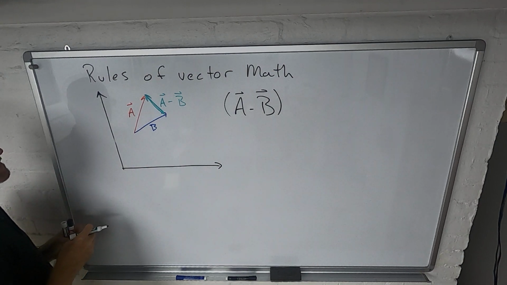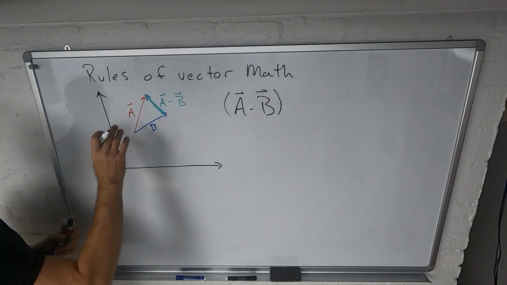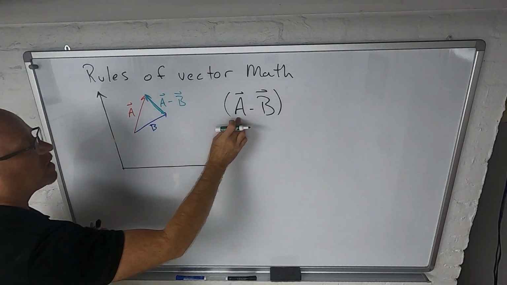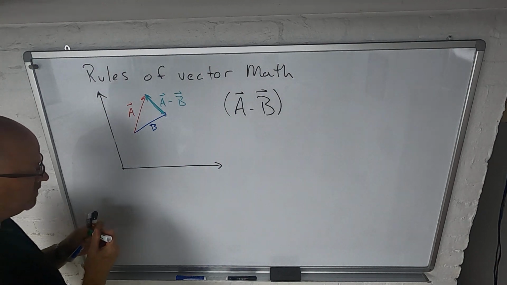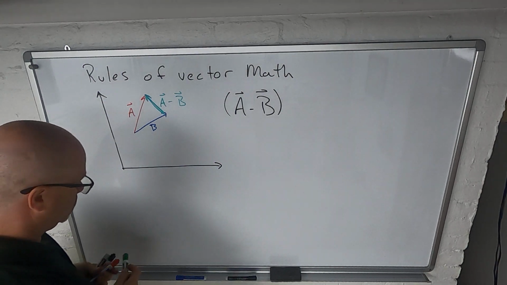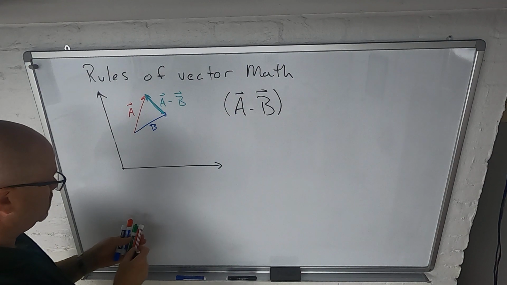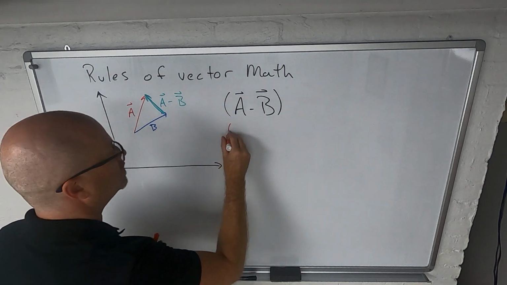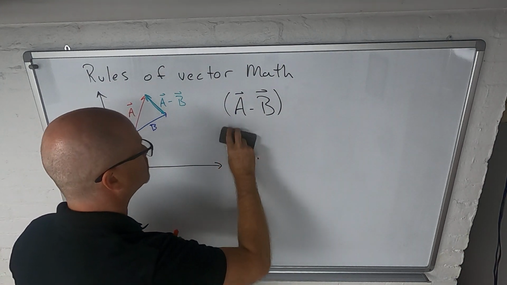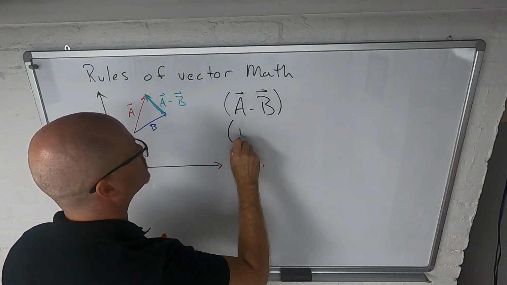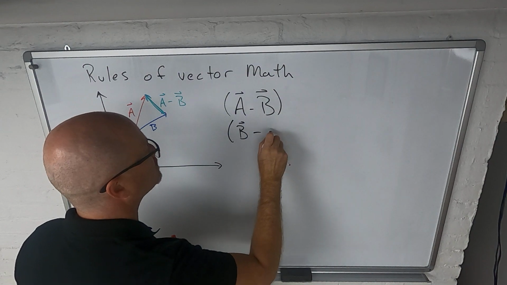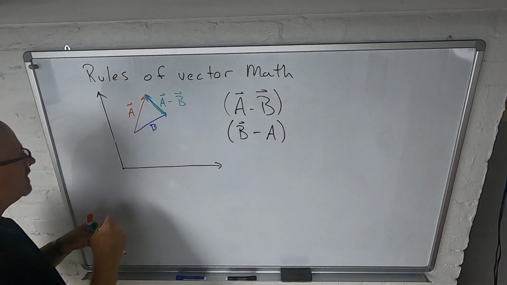The reason we say this is because when I subtract B from A, or A from B, I get a very different answer. I get a different vector. And so that vector looks like the following. Here's B minus A. What does that look like?